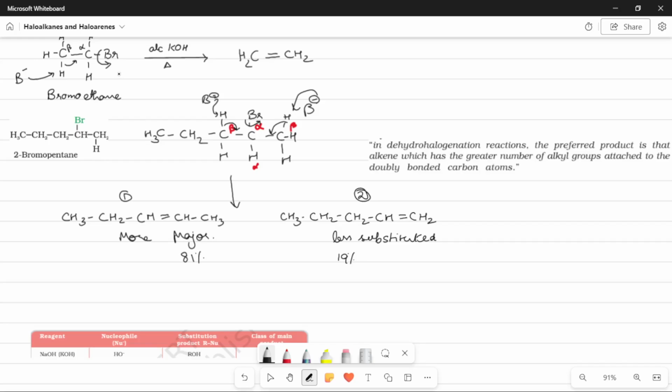Whereas if you have the KOH in water, then it undergoes the substitution reaction. This is because water tends to favor the formation of the nucleophile, and that in turn leads to the substitution reaction taking place.